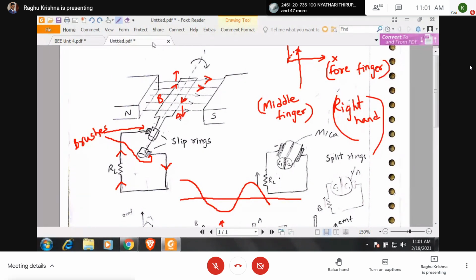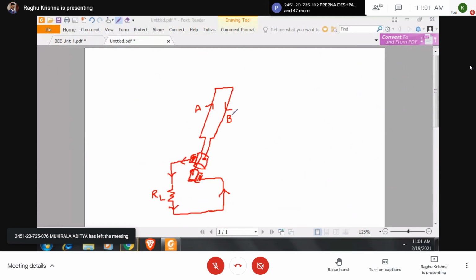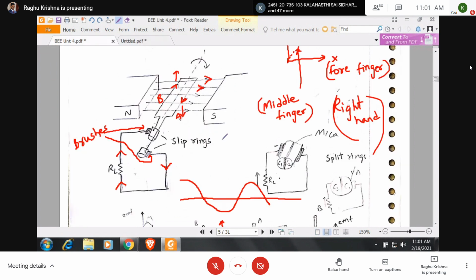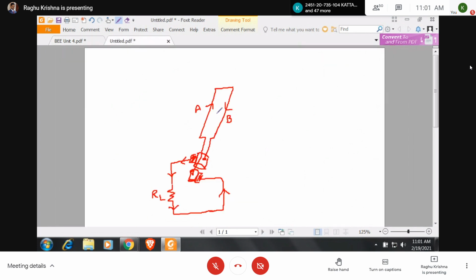So A takes this position, B takes this position, and you can see here B is connected to the first slip ring, A is connected to the second slip ring, same as this one. You can see the direction of the induced EMFs, and here you can see the direction of the current. See here, B slip ring is connected here.